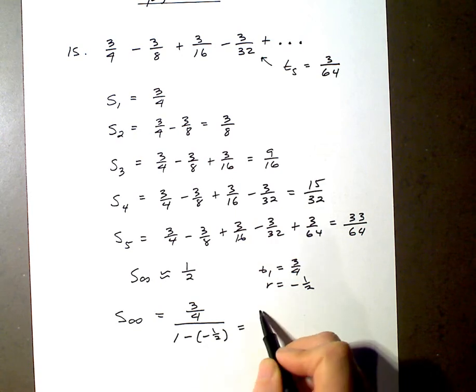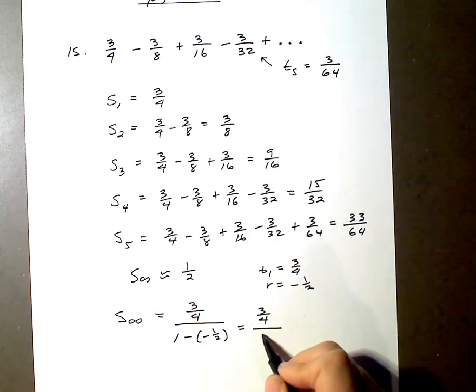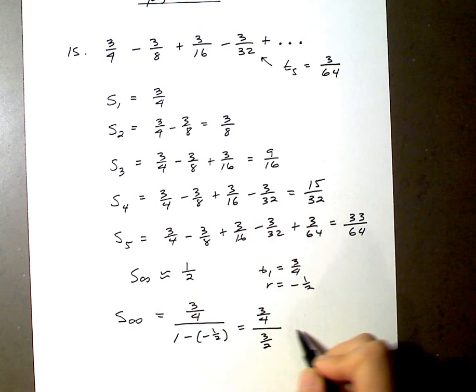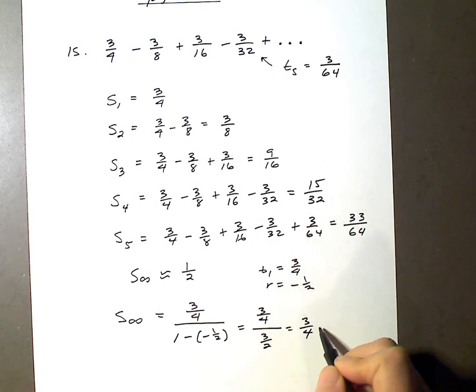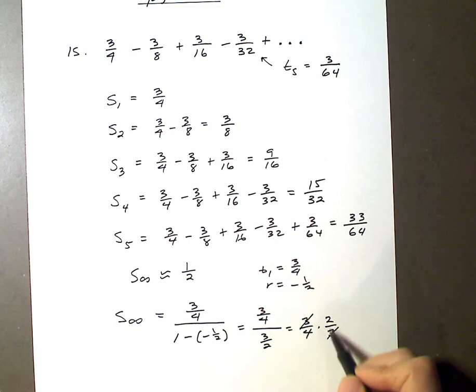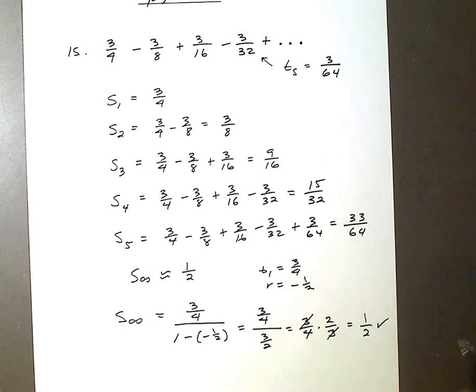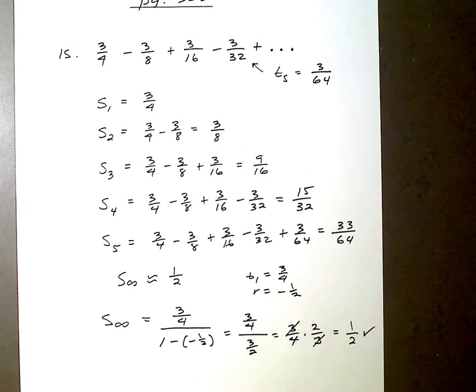So that's 3/4 divided by 1 plus 1/2, or 1 1/2, which is 3/2. So this is 3/4 divided by 3/2, which is multiplying by 2/3, and so we get 2/4, we get 1/2, which confirms our suspicion. So that's number 15.